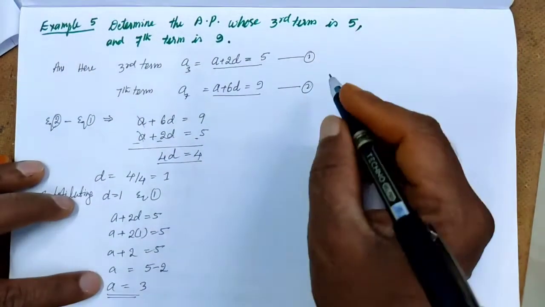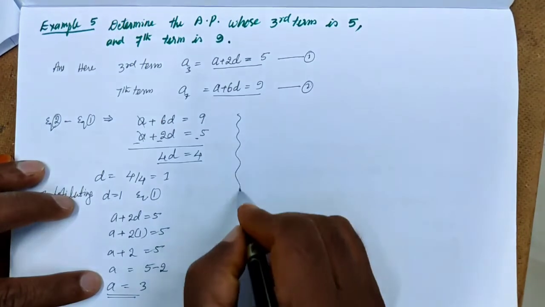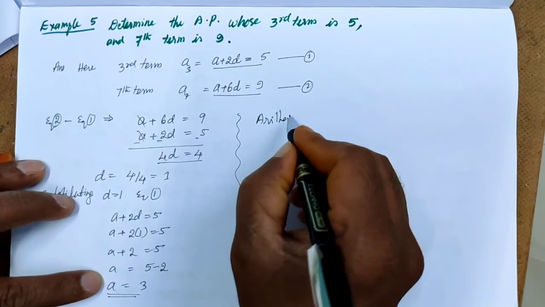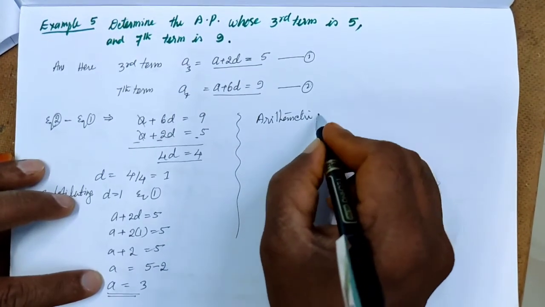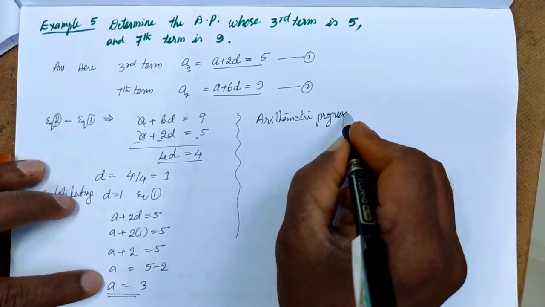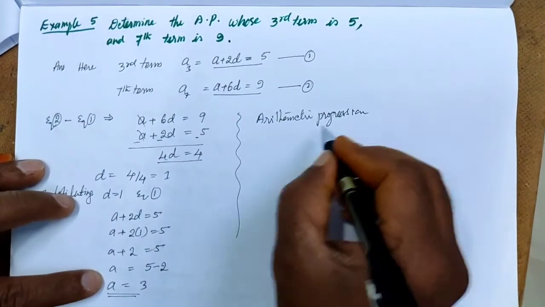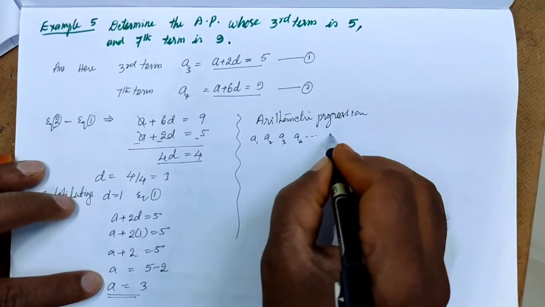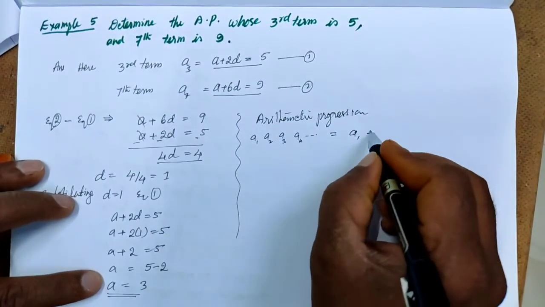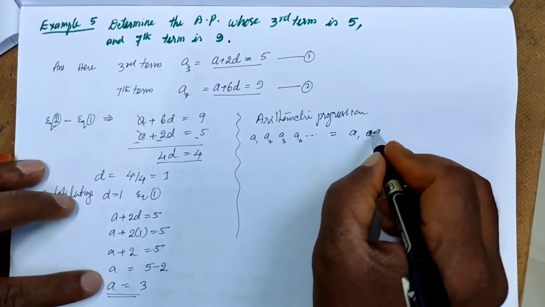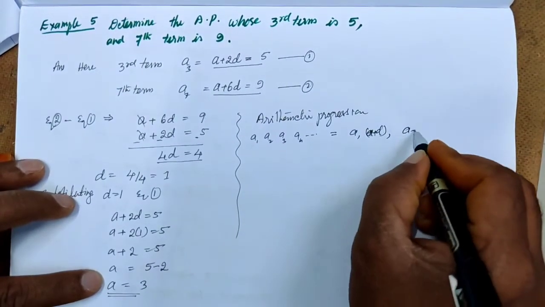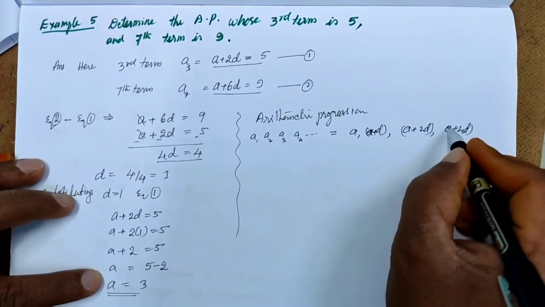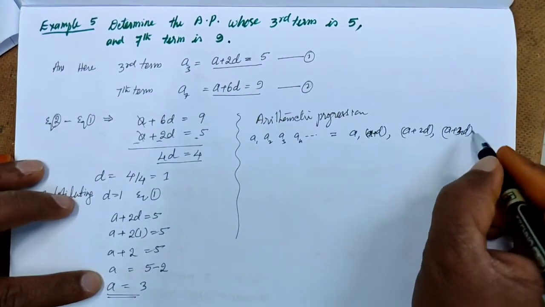Okay, now the arithmetic progression a1, a2, a3, a4 and so on is: a the first term, a plus d the second term, a plus 2d the third term, and a plus 3d the fourth term.